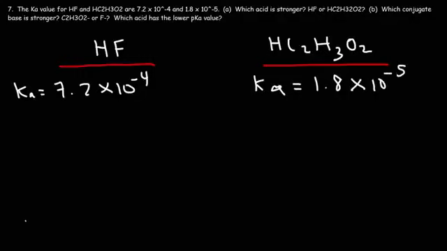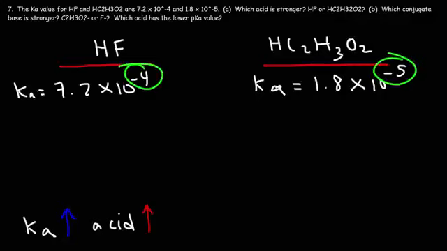Now, as the Ka value increases, what's going to happen to the strength of the acid? Does the acid strength go up or down? You need to know that acid strength is directly related to Ka, which means that the acid with the higher Ka value is the stronger acid. So which one is higher, -4 or -5? On a number line, -4 is higher than -5.